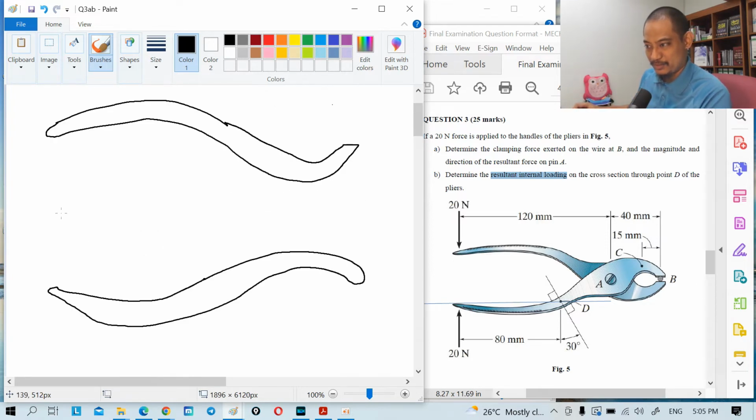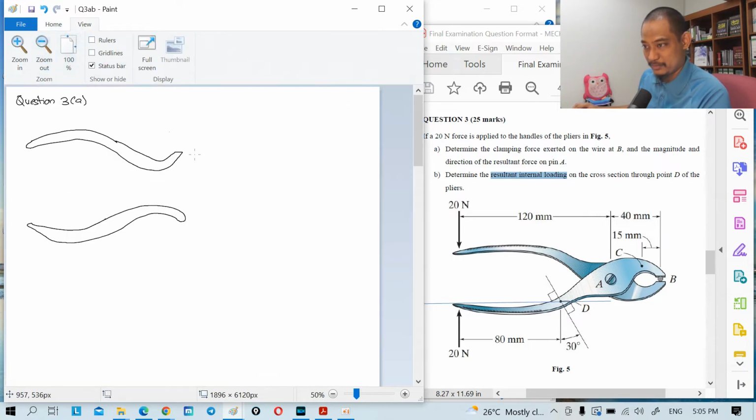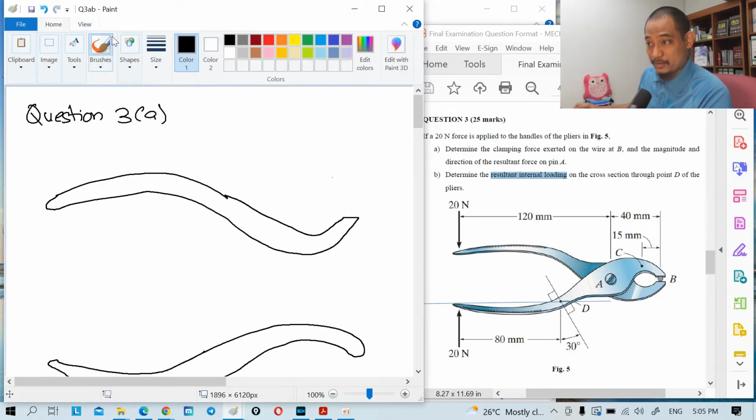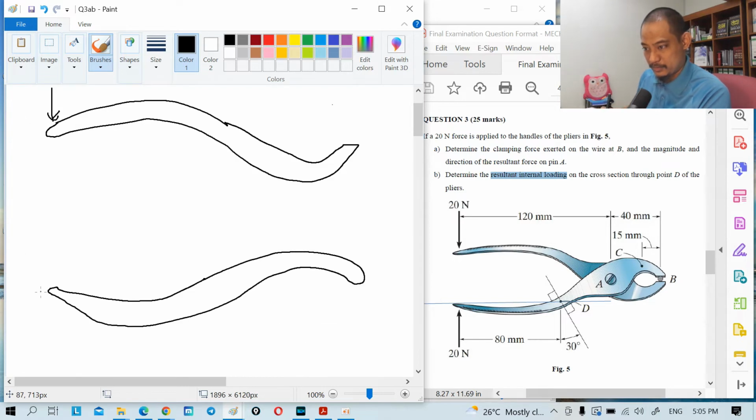The shape is weird, but you get the idea. Let's zoom out a bit. Never mind, I want to see both, but the screen is not enough. We have a force here, which is 20 Newton, and the same here. This is 20 Newton.